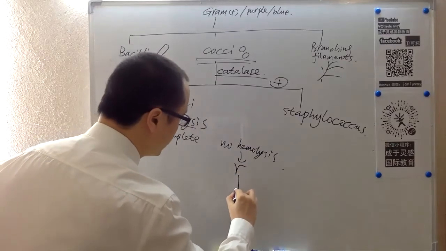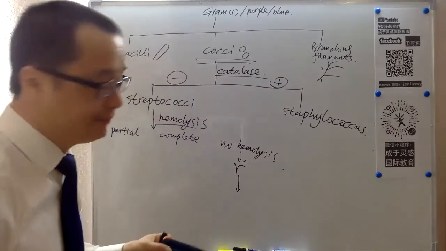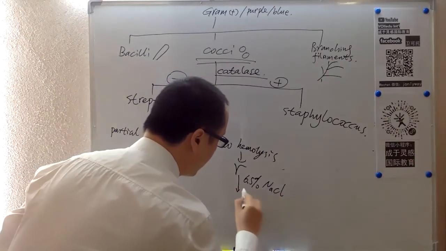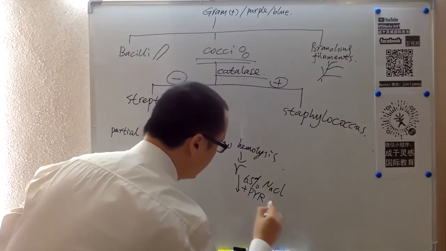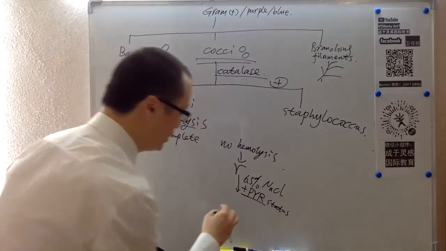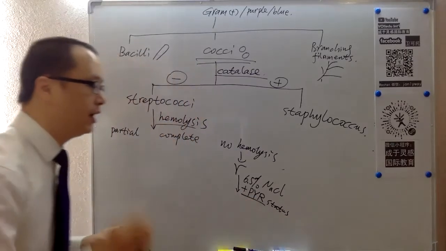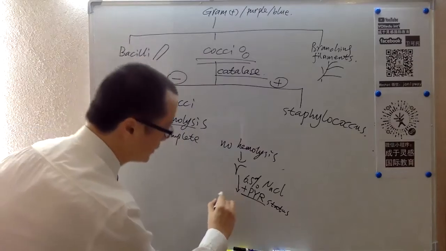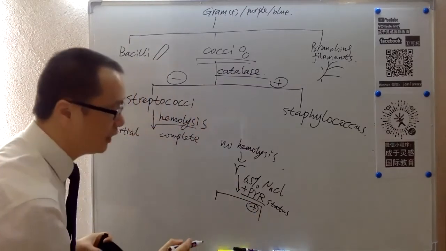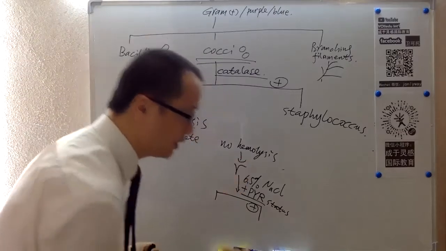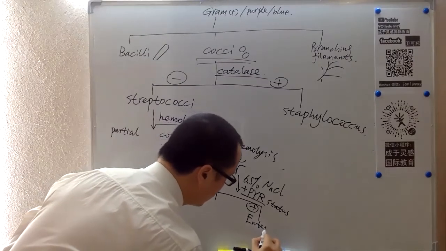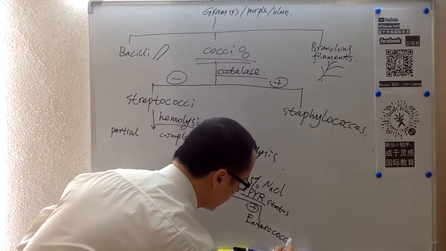We also use 6.5% sodium chloride as well as PYR, the abbreviation of pyrrolidone, which I wrote a moment ago, to further separate the gamma. If it is positive, sensitive to the reaction, it is enterococci.